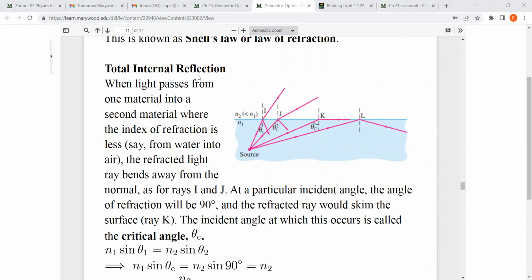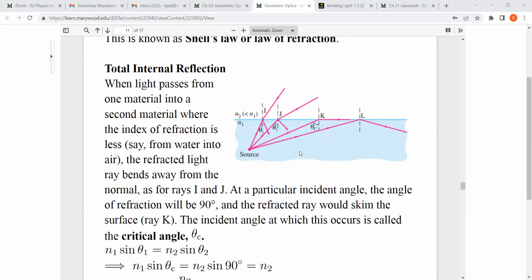To understand this, we need to know that total internal reflection only happens when light is going from high index of refraction to low index of refraction. So when light goes from water to air, you can see total internal reflection, not from air to water.